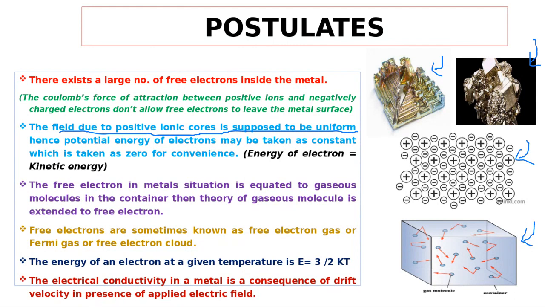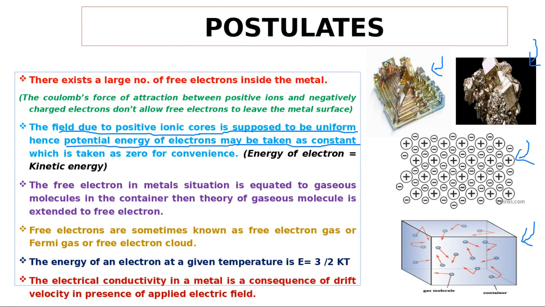Now, if the field given by the positive ion cores is uniform, the potential energy of the electrons will be taken as constant, because if the field is uniform, the potential energy will be fixed and constant.